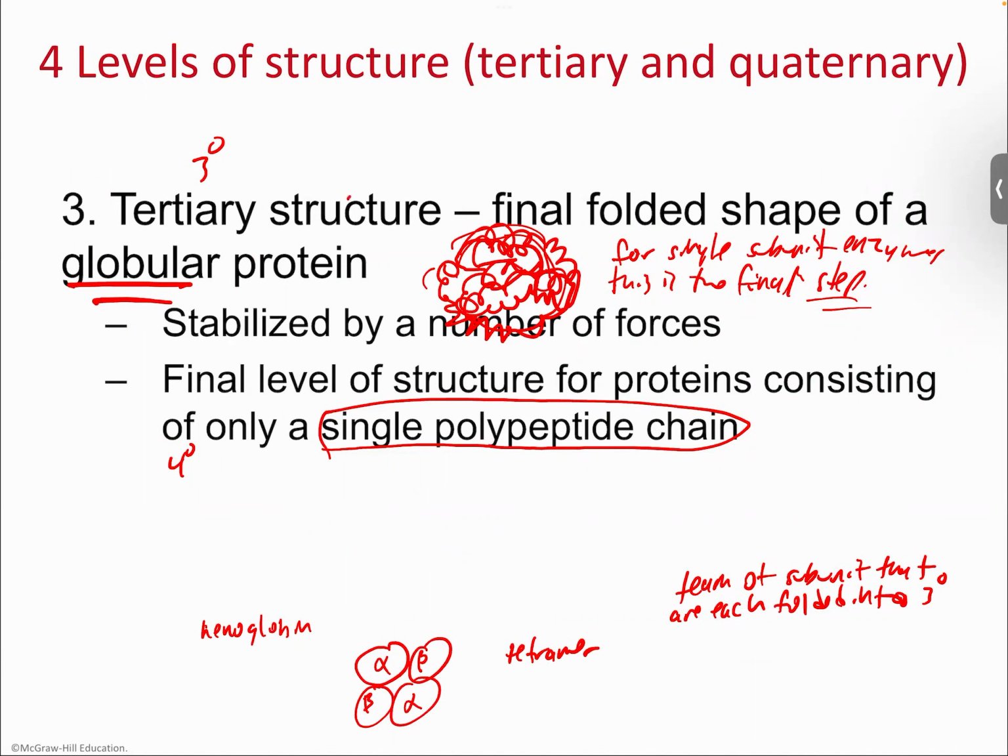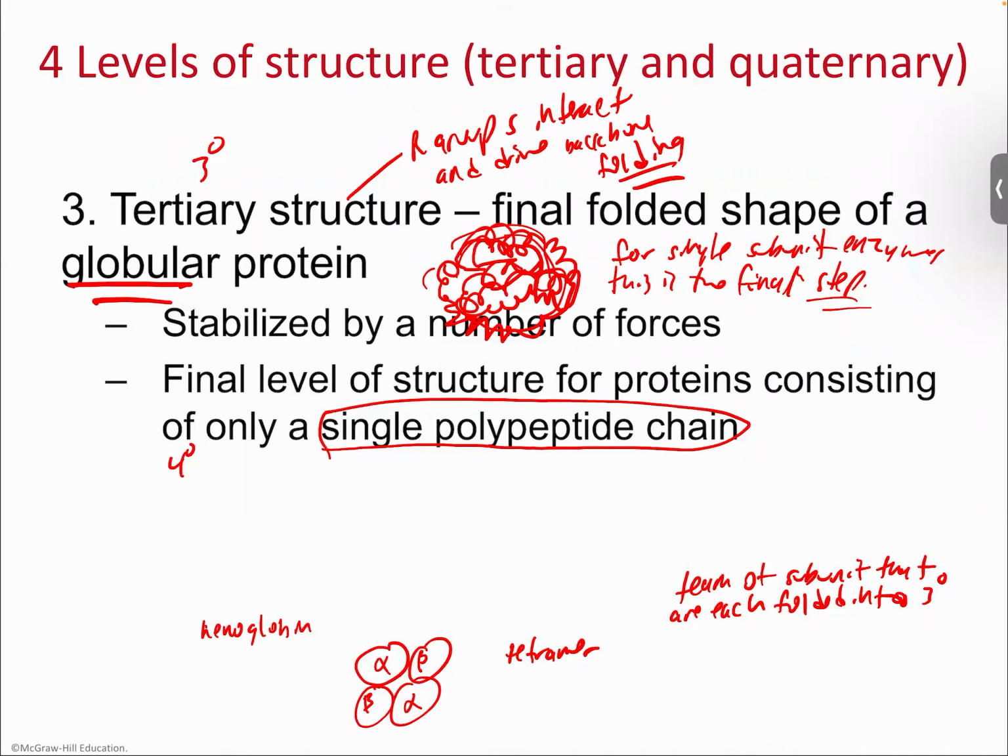The important thing in tertiary structure is this is where the R groups interact and drive backbone folding. So in secondary, we had the backbone causing the folding. In tertiary now, the R groups are starting to interact with each other.